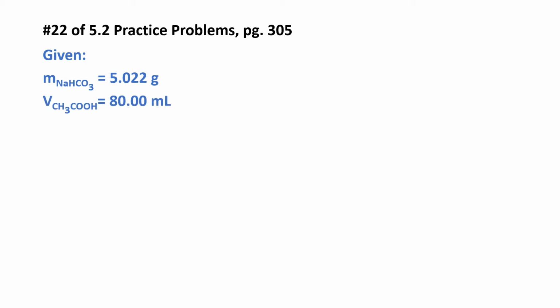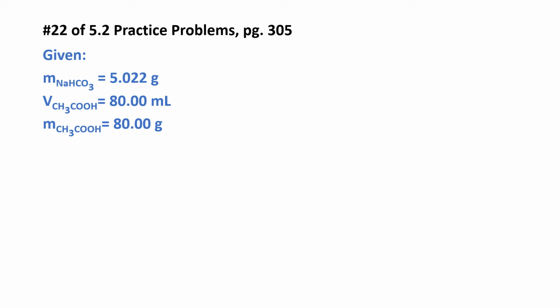And it is reacting with a volume of 80.00 mL of your acetic acid. Because this is a dilute aqueous solution, we consider the water that makes up that solution to be our surroundings. This is how we do our enthalpy calculations. We're looking at the change in heat of the surroundings and then applying it to the system.